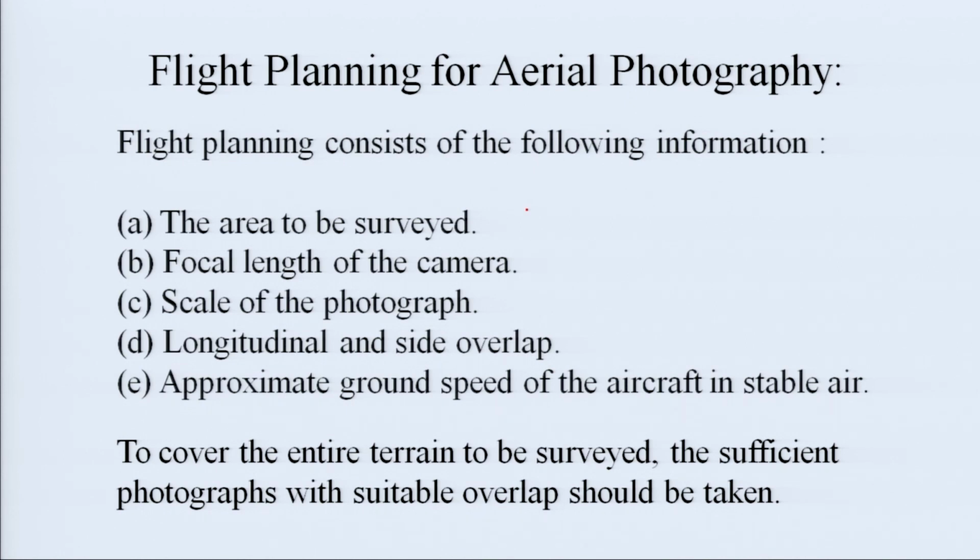What are the basic pieces of information we need for flight planning: the area to be surveyed, the focal length of the camera, the scale of the photograph, that is S, the focal length of the camera, that is small f, longitudinal and side overlapping, which we discuss in the next slide, and the approximate ground speed of the aircraft in stable air. To cover the entire terrain to be surveyed, sufficient photographs with suitable overlapping should be taken.